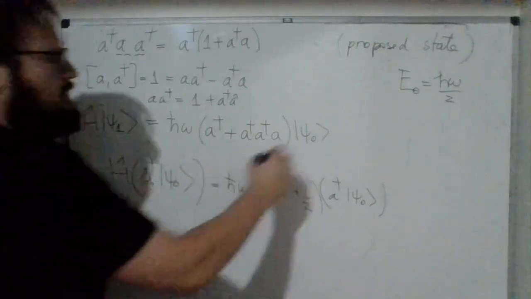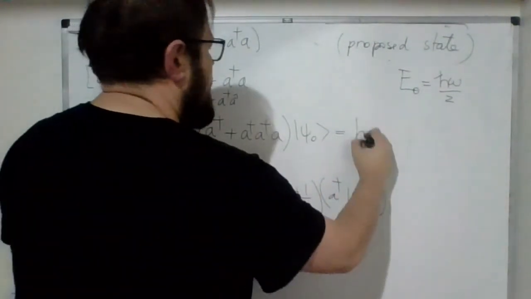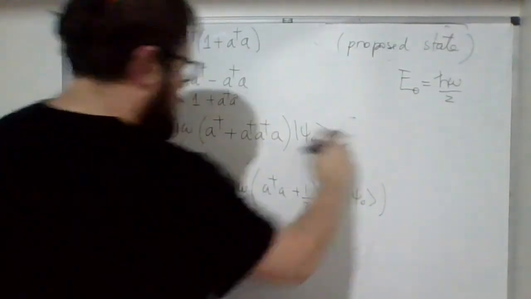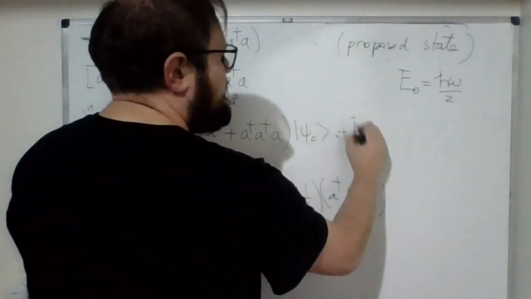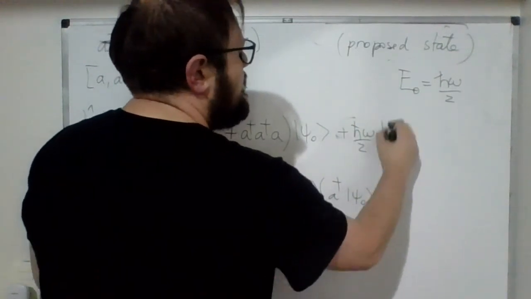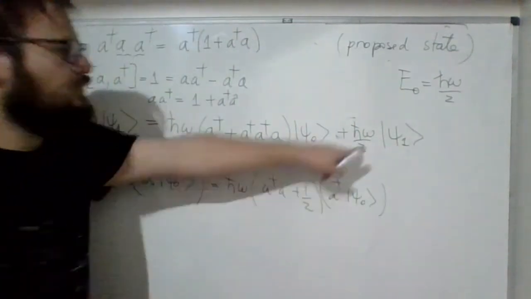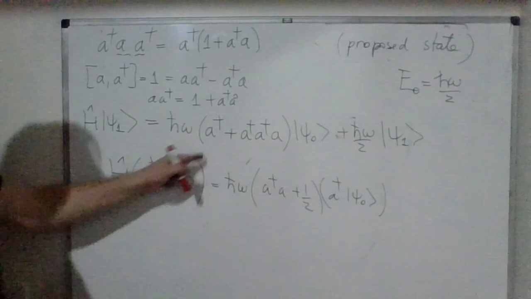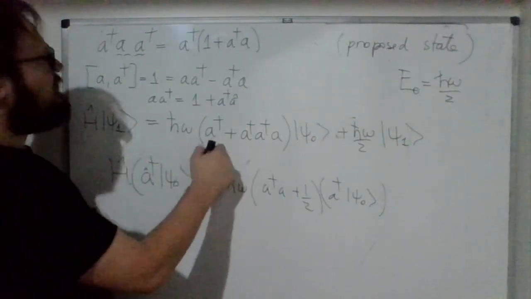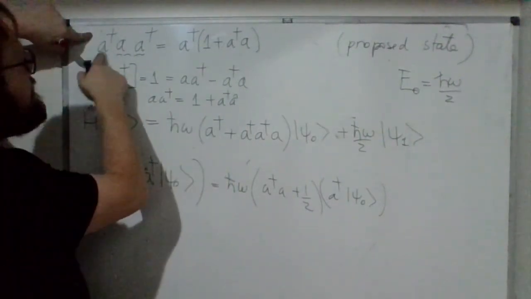All right, so we have here h bar omega, but I cannot forget the other term, plus h bar omega divided by 2 times the state psi 1, which was already there. So this term here is what corresponds to a dagger a dagger a.